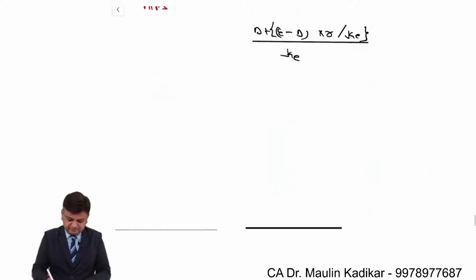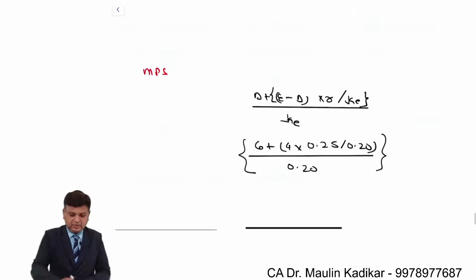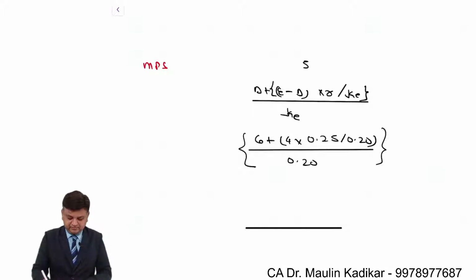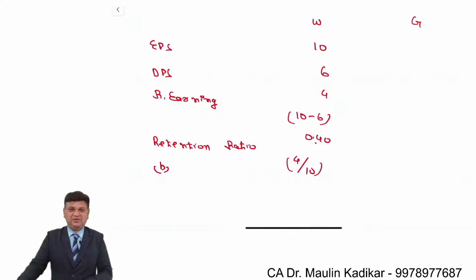Dividend per share is 6, retained earning is 4, R is 0.25, K is 0.20, whole divided by 0.20. So use your calculator. 4 into 0.25, it is 1. 1 upon 0.2, 5. 5 plus 6, that is numerator 11. 11 divided by 0.2, that is 55. That is the way the market price of the share can be calculated using the Walter model.